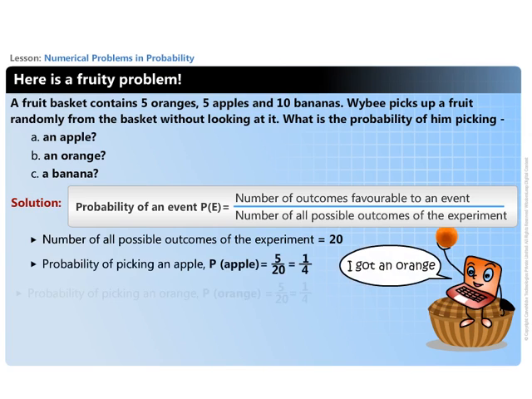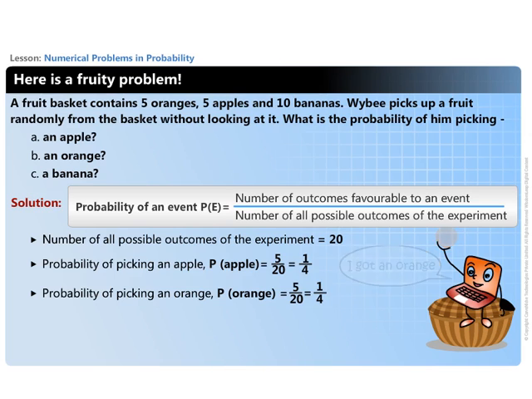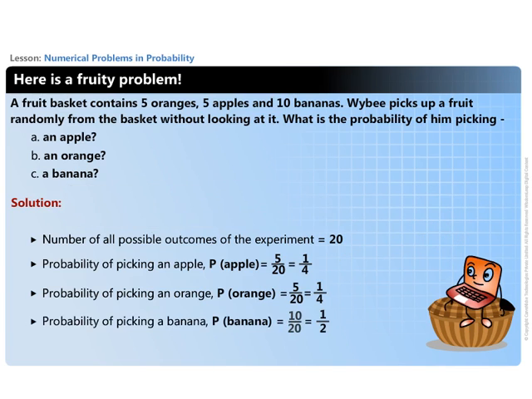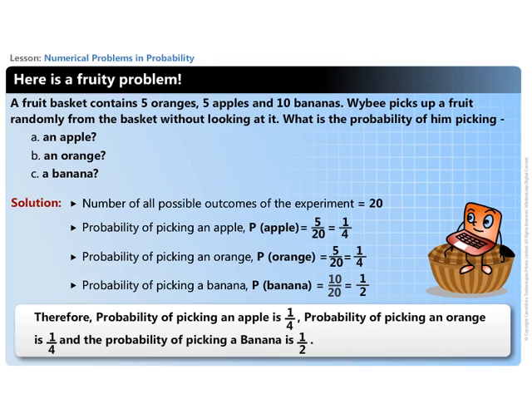Probability of picking an orange is 5 by 20, which is equal to 1 by 4 again, and the probability of picking a banana is equal to 10 by 20, that is equal to half. Therefore, the probability of picking an apple is 1 by 4, the probability of picking an orange is 1 by 4, and the probability of picking a banana is 1 by 2.